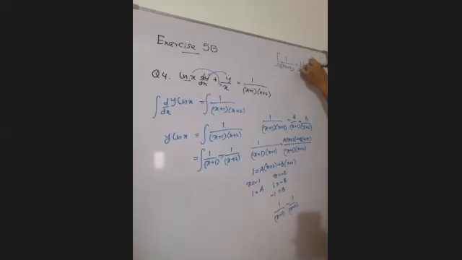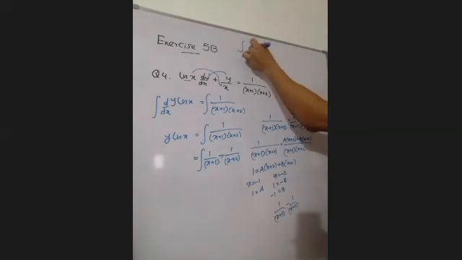It's 1 over a ln ax plus b. Yes, I'll write it a little bit clearer. I think that part is not much clear on your screen. Integration of 1 over ax plus b, answer is 1 over a ln ax plus b. That's the answer for that.